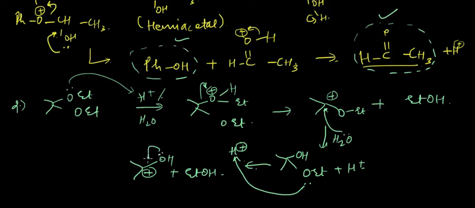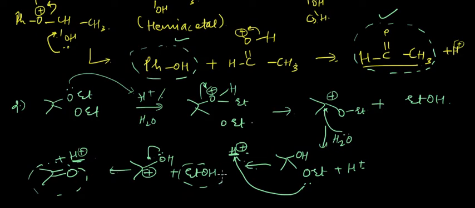Now again the lone pair electrons of the oxygen atom will be donated to form a double bond here, and again H plus would be released. So the H plus consumed in this process would be released in the second step, hence this is formed. The major product of this reaction is this one, with EtOH.